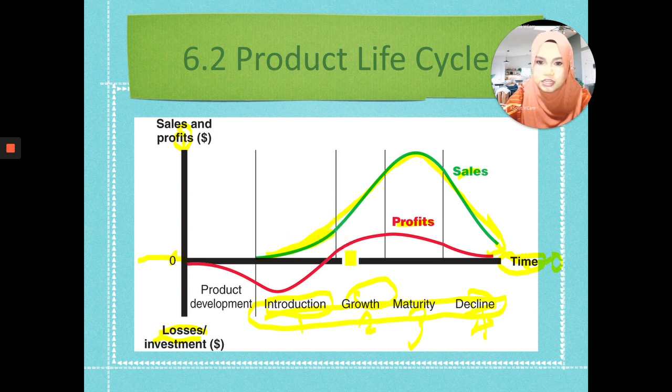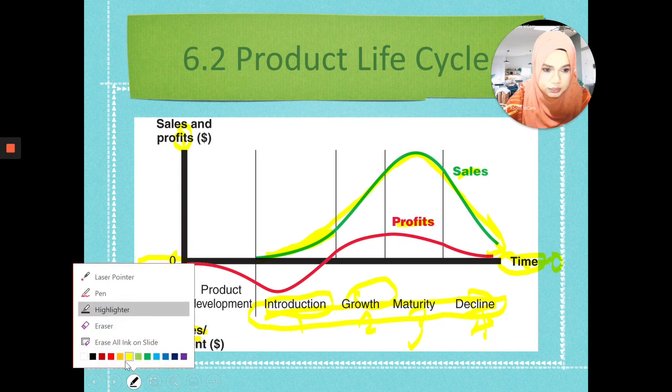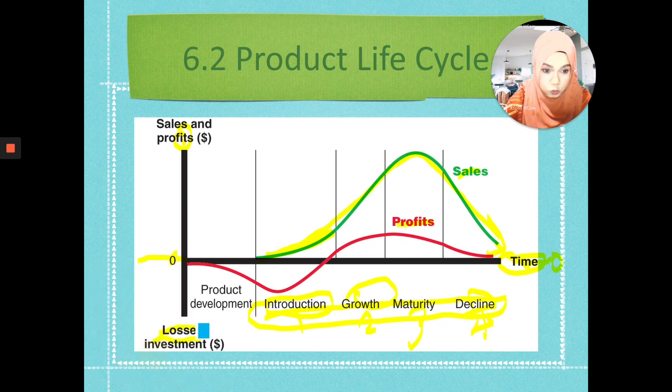And then as it enters the growth stage, let me change the color, blue. As it goes to the growth stage, sales increase tremendously, or rapidly, because you can see the movement is very fast. Here it is slow, one by one, a few of it. But when it starts to grow very fast, then you know it is at the growth stage.